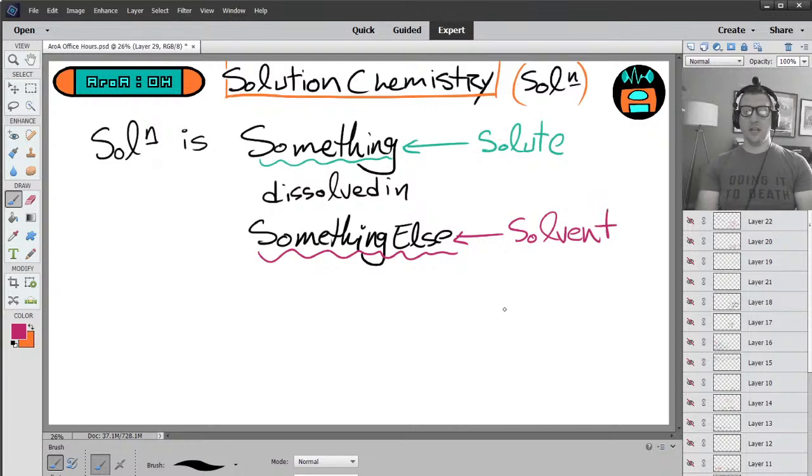So a solution then is a solute dissolved in a solvent. That is the definition of a solution.